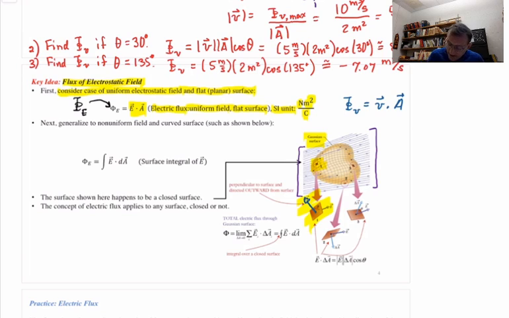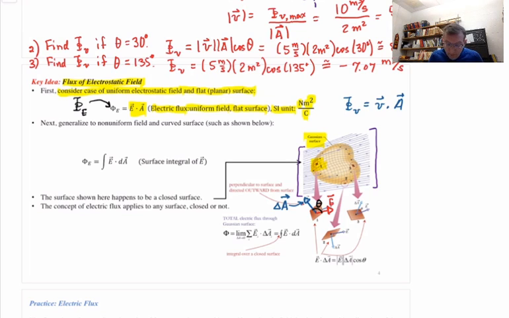So that's the direction of the delta A arrow for that little patch. Now the electric field vector right there happens to be piercing that patch pointing inward. Like that. And so the angle between the delta A and the E, the theta, is greater than 90.